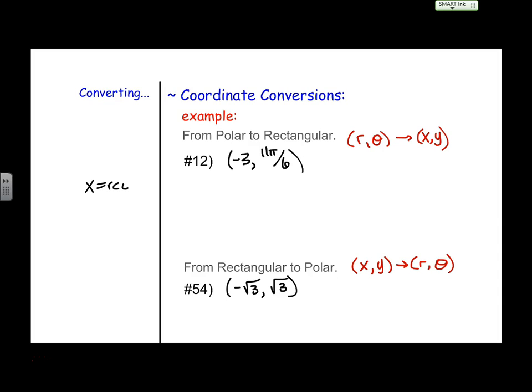And the one that says I'll give you Y, I want X, I want Y, right? So we can use those two formulas. Find X: r cosine theta. Find Y: r sine theta.